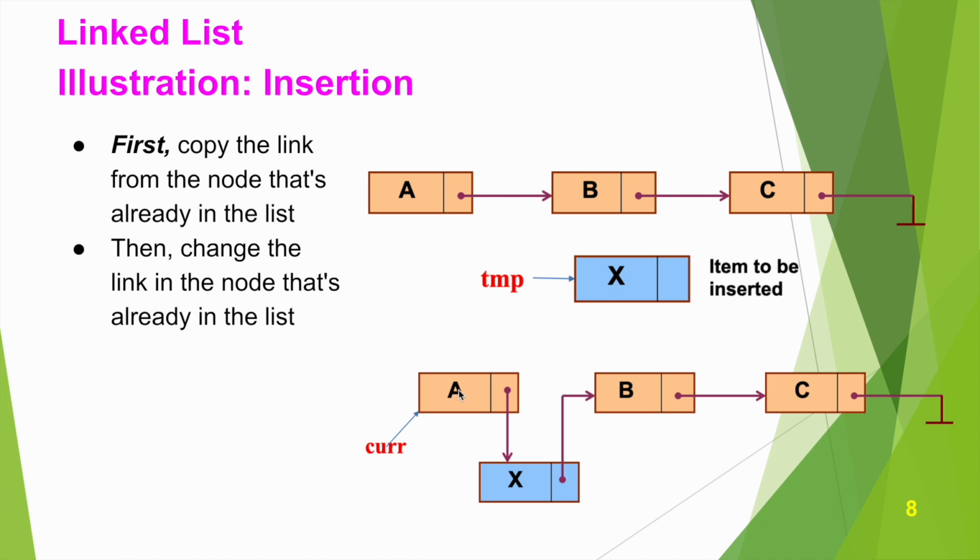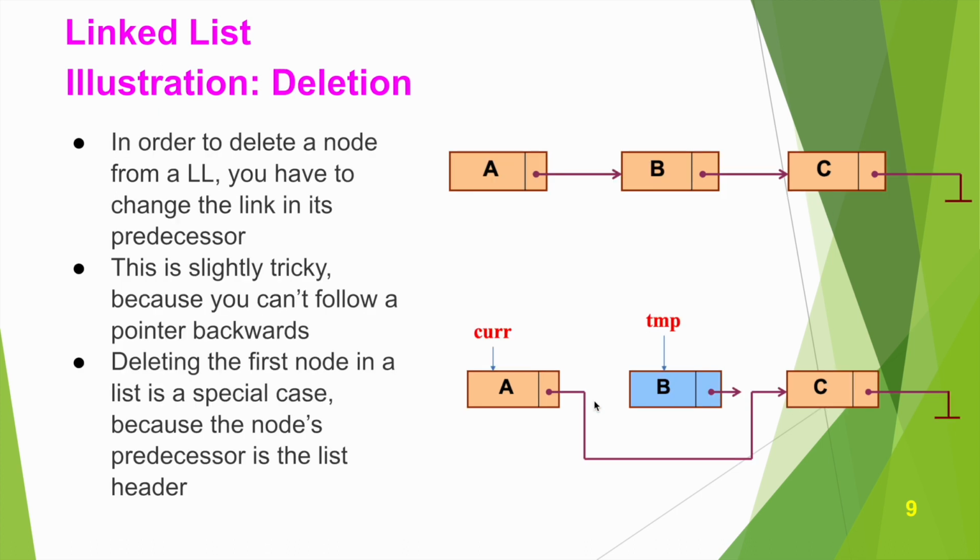So now when we have finished the operation of insertion, A will point to X and X will point to B. This is how insertion could be done.